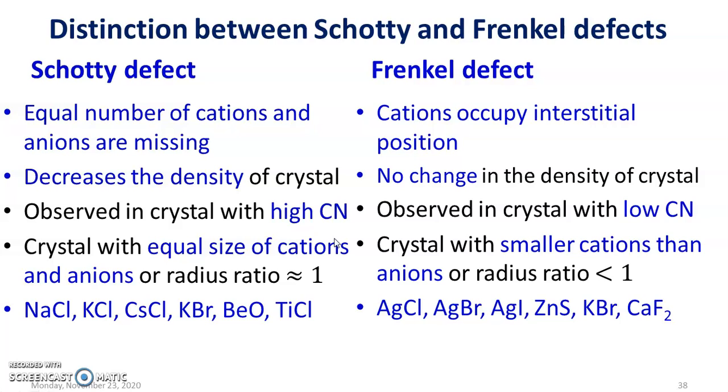In short, point defect means a defect that arises due to dislocation or missing of cations and anions from lattice points. In Schottky defect, equal numbers of cations and anions are missing, whereas in Frenkel defect a cation is dislocated from its original position and occupies an interstitial site.